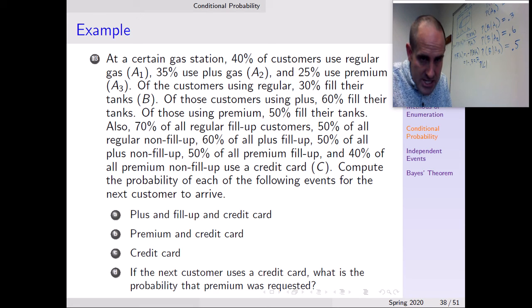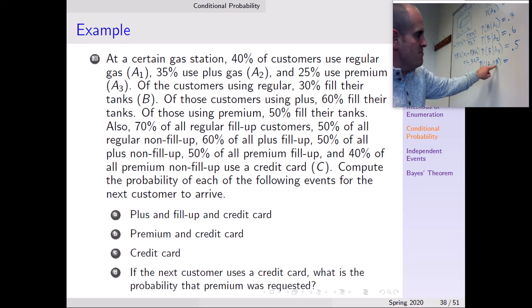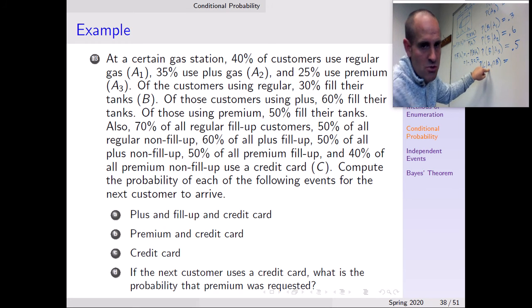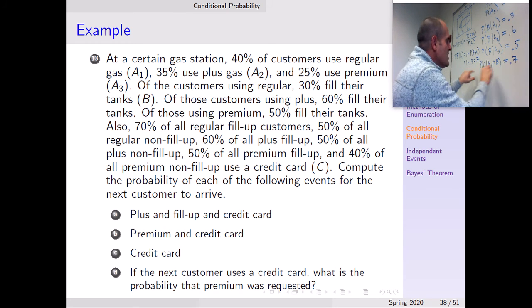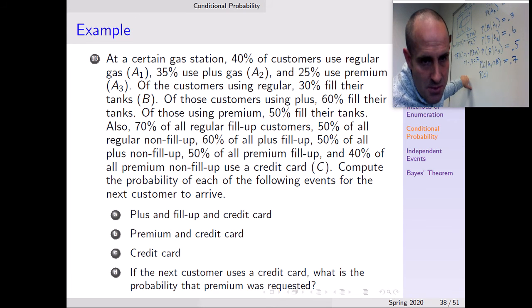Regular is A1, fill up is B. So for A1 and B, the probability they use a credit card given that they're a regular fill-up customer is equal to 70%.